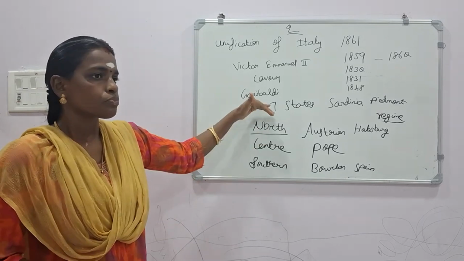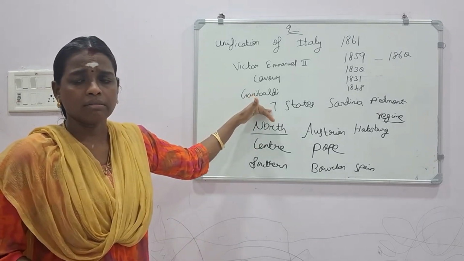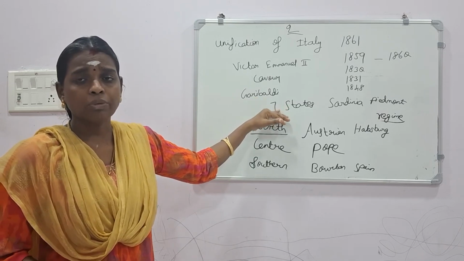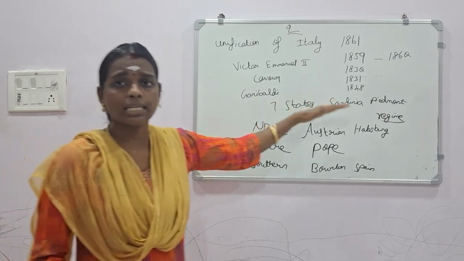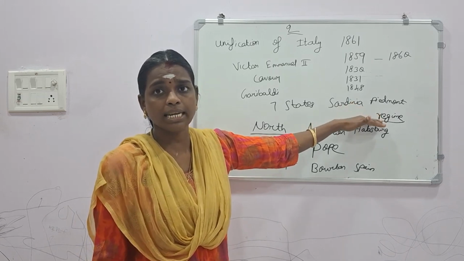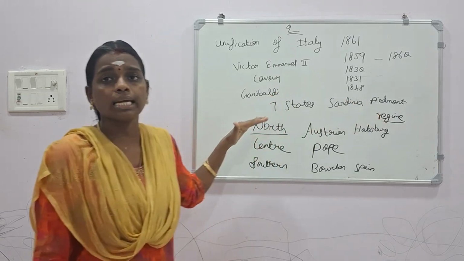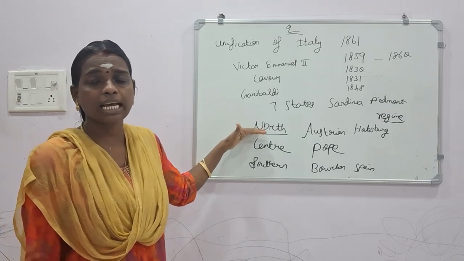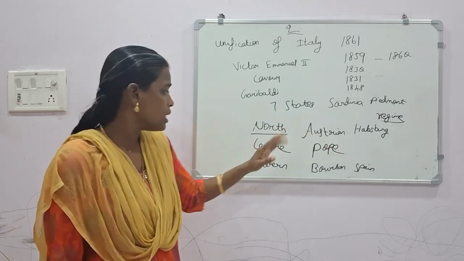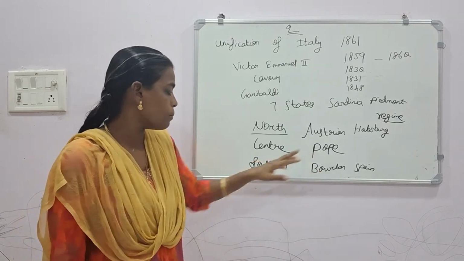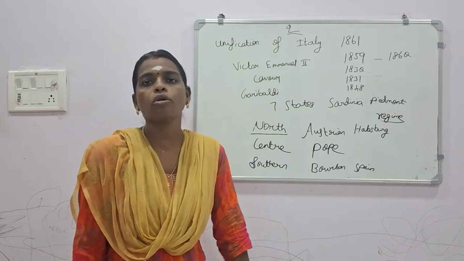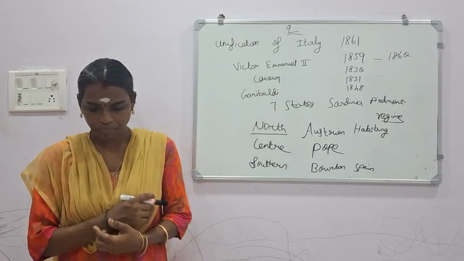So Italy was divided into 7 states, but one of the important states was Sardinia Piedmont. It was under the control of the Italian princely house. Second, the northern part of Italy was ruled by the Austrian Habsburg. Center was ruled by the Pope. And the last one, the southern part of Italy was ruled by the Bourbon dynasty of Spain.